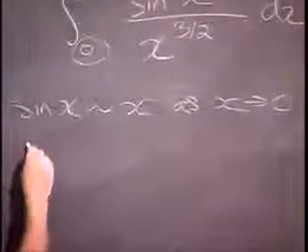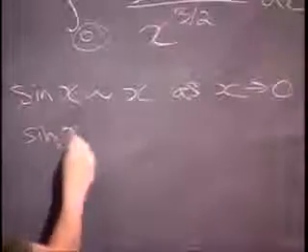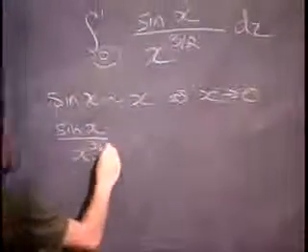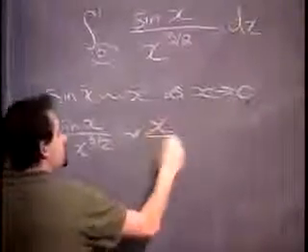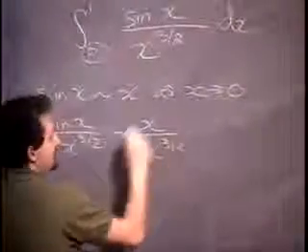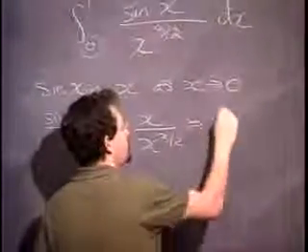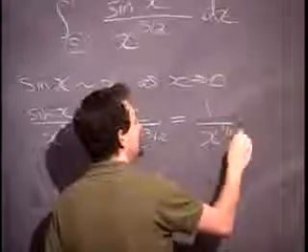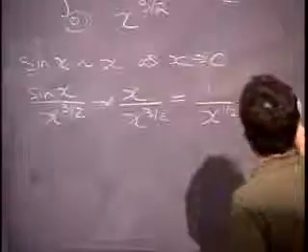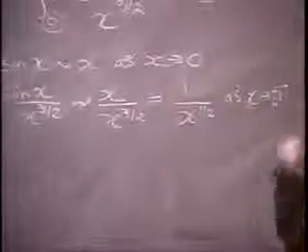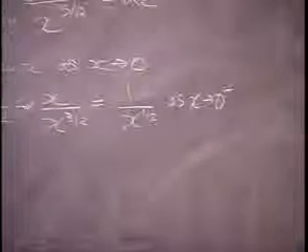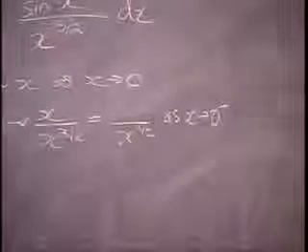So now divide by x to the 3/2. And that twiddles x over x to the 3/2, otherwise known as 1 over x to the 1/2. As x goes to 0, again, I better take 0 plus because I'm taking square roots.